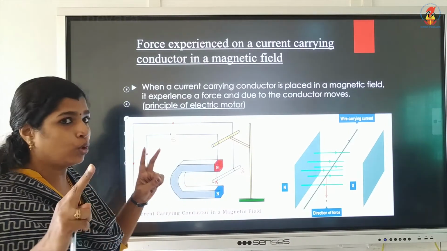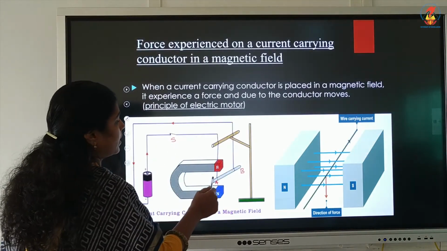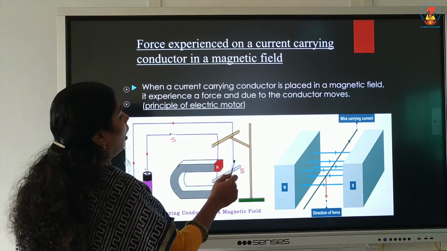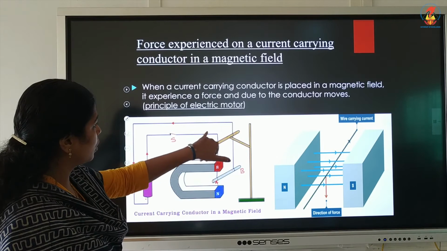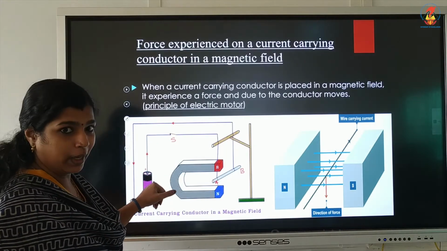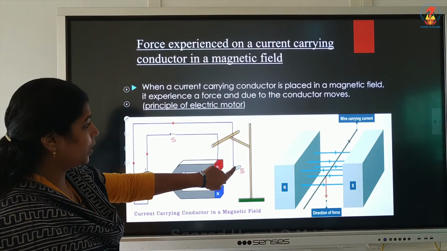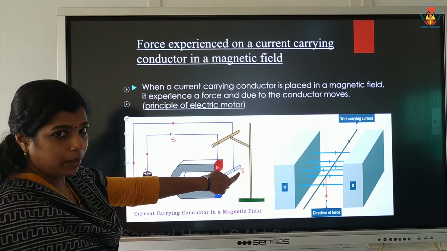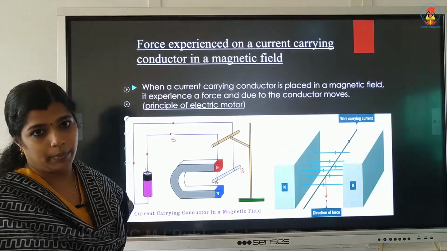Then we will take two copper wires and tie this aluminium rod with the copper wires. One end of the first copper wire is connected to a switch, then to the positive of the battery. The other copper wire, one end of it is already connected to the point B, and the other end we will connect to the negative terminal of the battery.